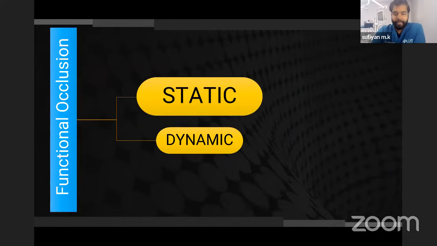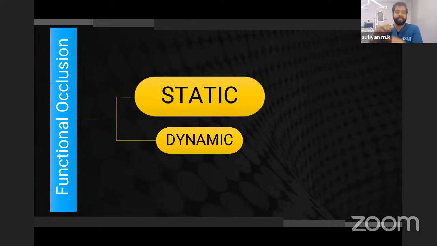When I speak of static occlusion, it should come to your mind that in this kind of occlusion, maximum teeth contact will be there. That is nothing but the term you might have come across before, maximum intercuspation. So the maximum number of teeth will be in contact with each other. That's a stable position for that patient.